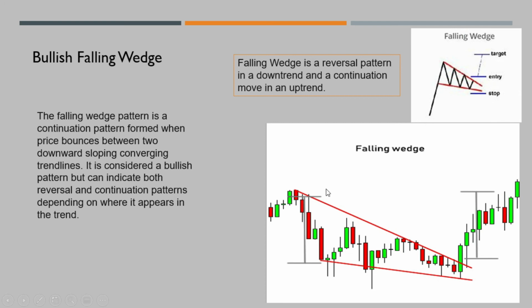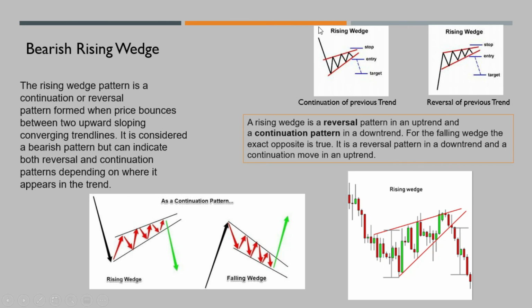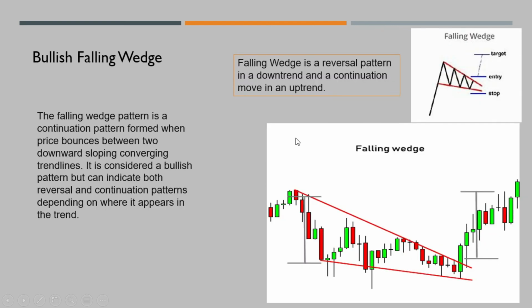See that? But if this was the inverse case, let's say we had a downtrend, right? We had a downtrend and a falling wedge. Let's go back. We have our downtrend and a rising wedge, it's going to be a breakout to the downside. So you really want to look very closely at what direction the wedge is facing in.